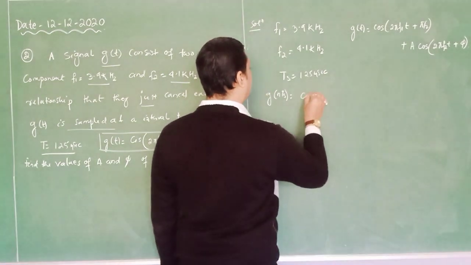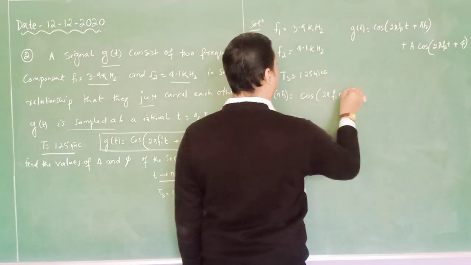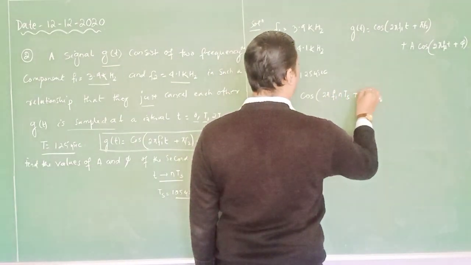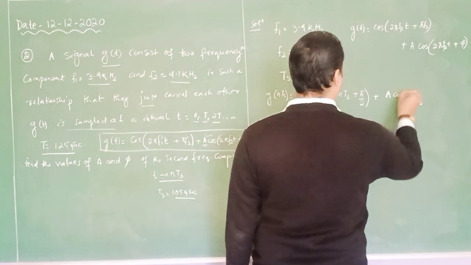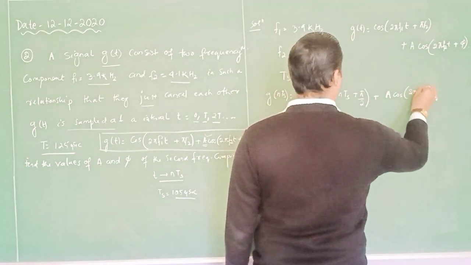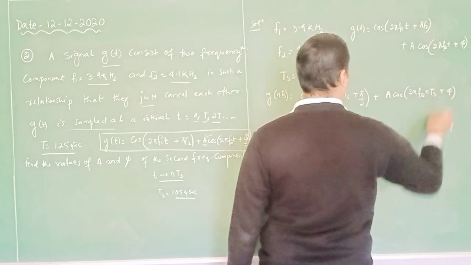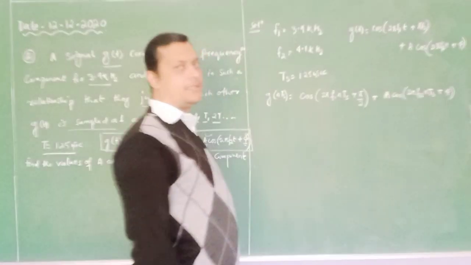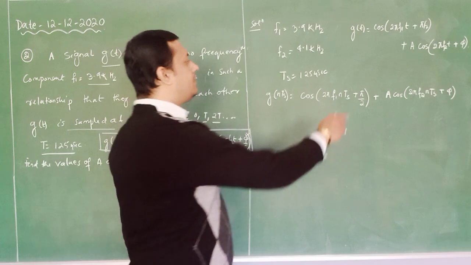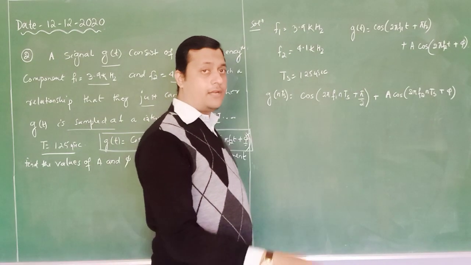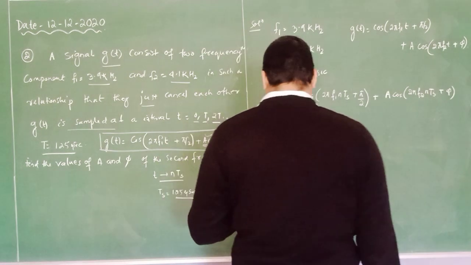So it is cos 2 pi F1 n Ts plus pi by 2, plus A cos 2 pi F2 n Ts plus pi. Now this is called the sampled signal. When it is sampled, it forms such a relation that the resultant becomes 0, and from that we need to identify A and phi.